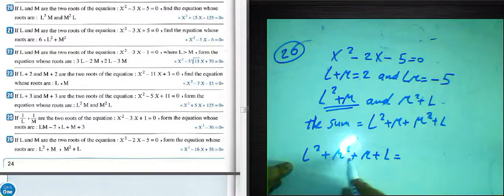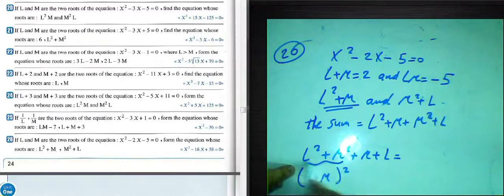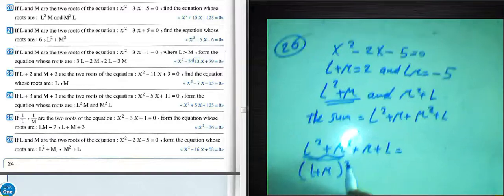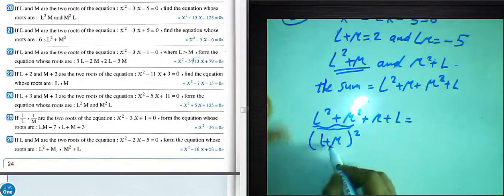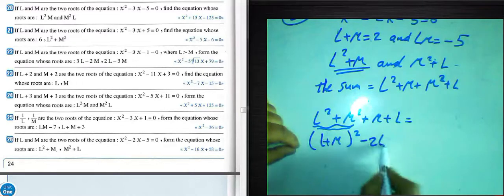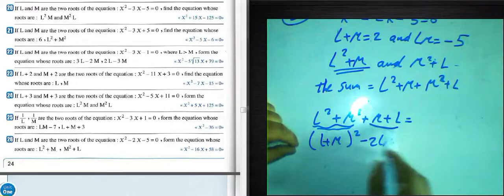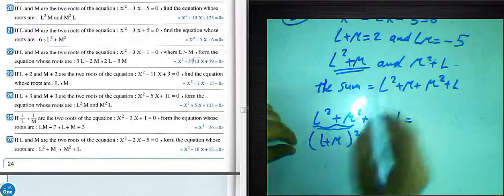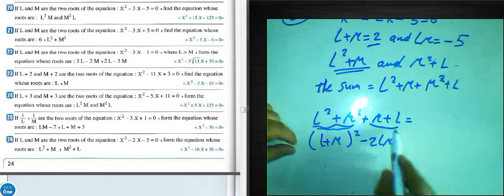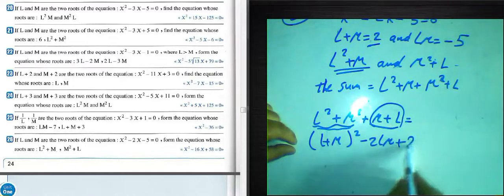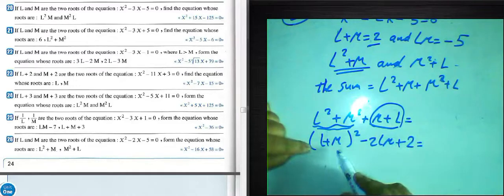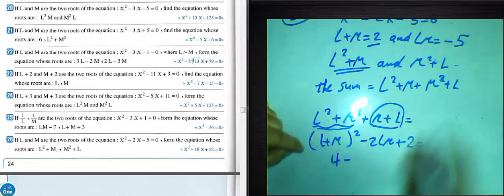L power 2 plus m power 2 we can write as L plus m to power 2 subtract 2LM. And we know L plus M equals 2, so 2 power 2 equals 4, subtract 2 multiply L multiply M, which is negative 5.